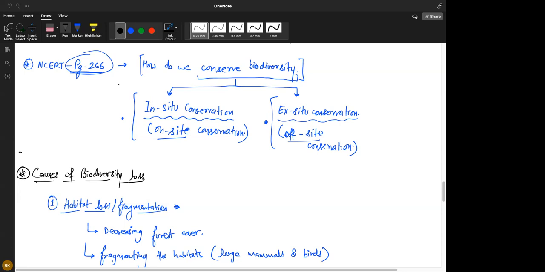So I would like you all to read first the in situ conservation method, this paragraph, quickly. I think we have 10 minutes, so I'll give you 4 minutes to read this paragraph. Just read and mark the important points.